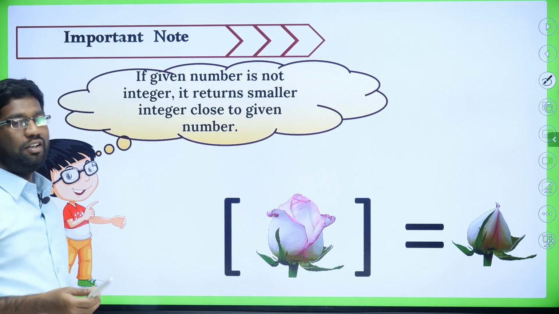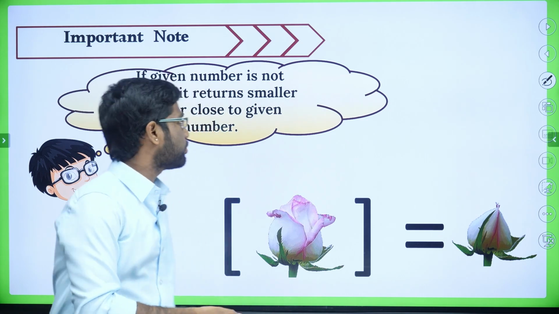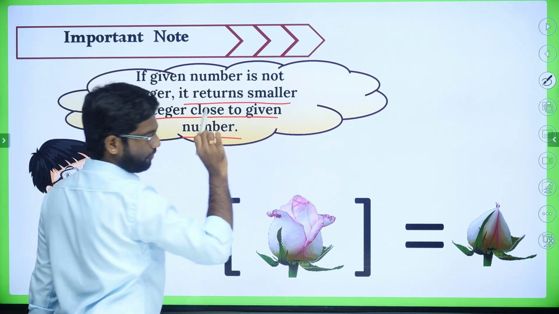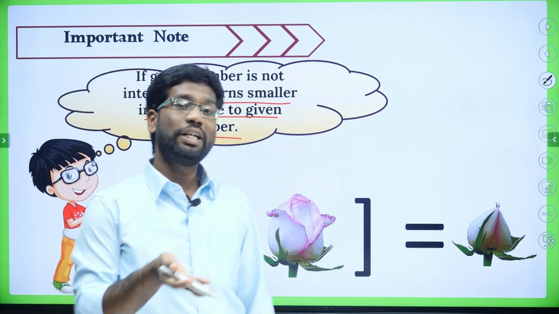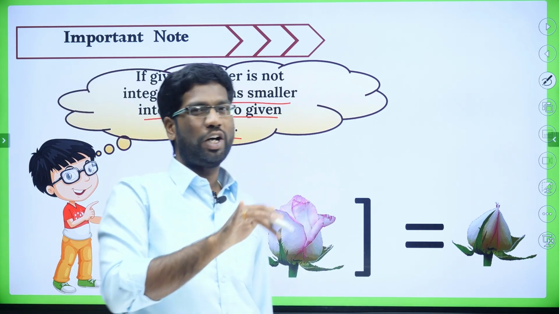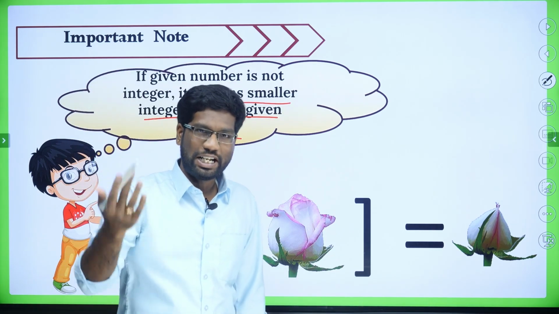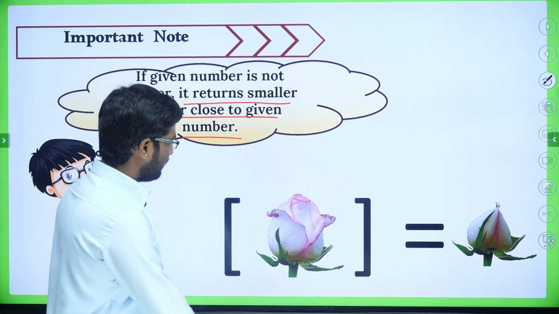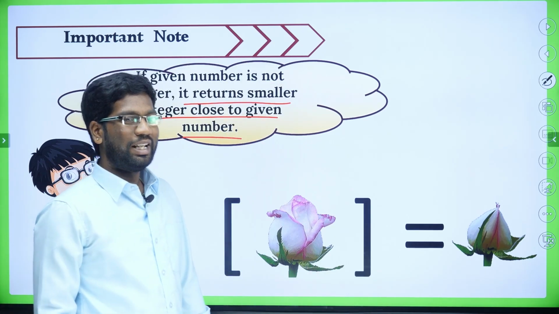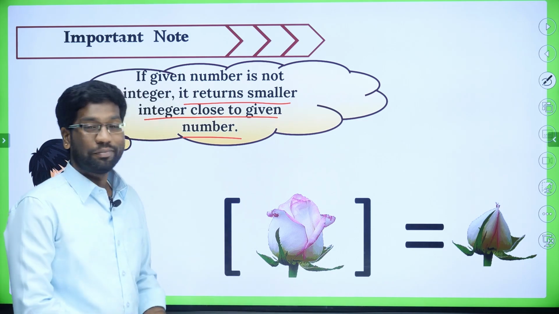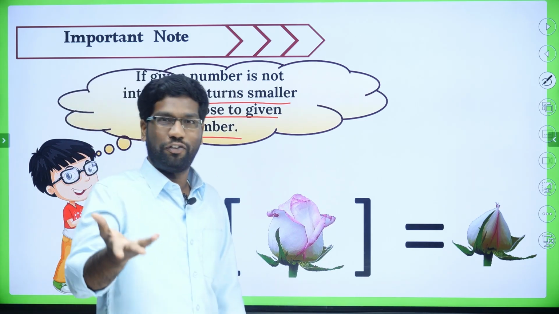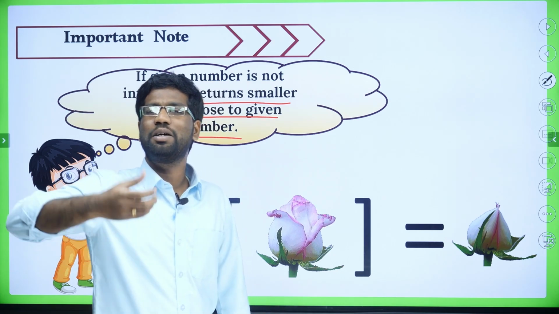So from here, the important note, my dear students, is that it returns the smaller integer closer to the given number. That's what I said to you in the previous slide. I hope you understood. If you haven't understood, please ask me in the comment box, my dear students. See here, I have shown you the image: one rose bud which is flowering, which becomes a flower.